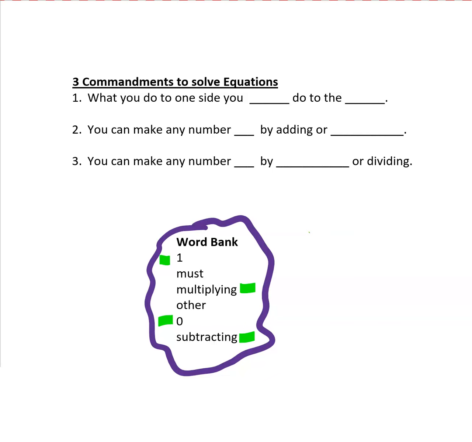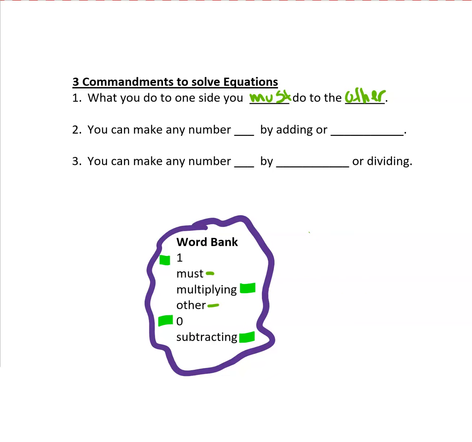It doesn't really sound like if I multiply one side, I subtract the other side. That doesn't really make sense. But that leaves me with must and other. So what you do to one side, you must do to the other. That makes a little bit more sense, right?